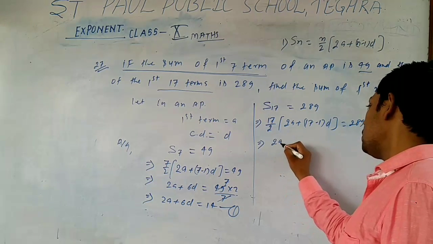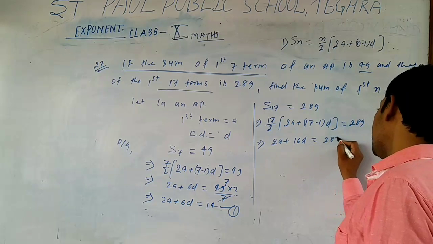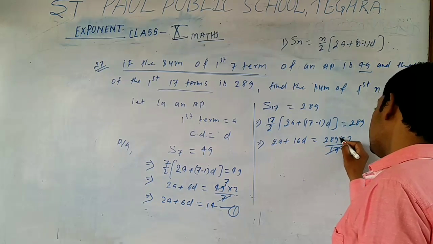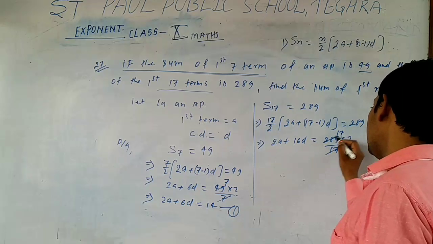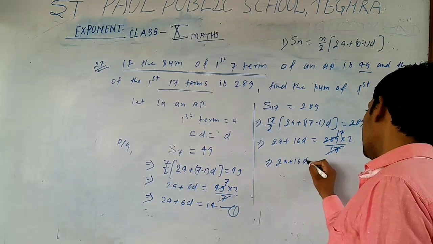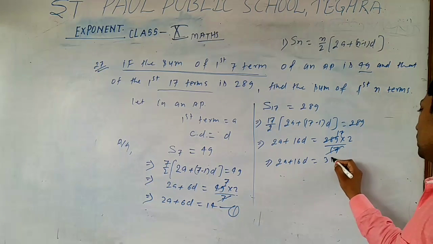This gives us 2a plus 16d is equal to 289 multiplied by 2 divided by 17, that is 17 times 17 is 289. This gives us 2a plus 16d equal to 34.